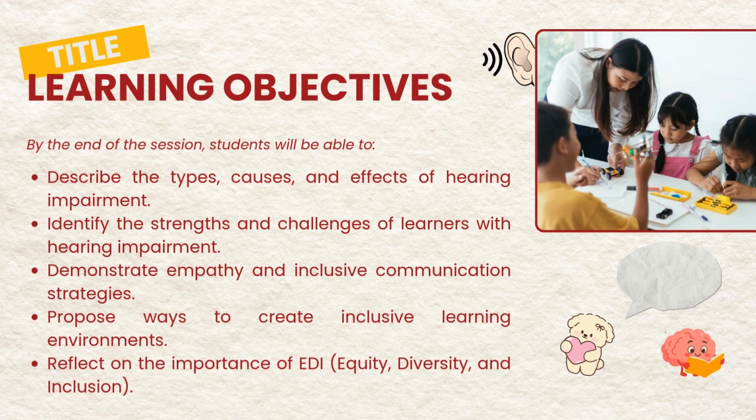Propose ways to create inclusive learning environments. And 5. Reflect on the importance of equity, diversity, and inclusion in education. These objectives will serve as our guide today as we build both knowledge and compassion toward learners with hearing differences.